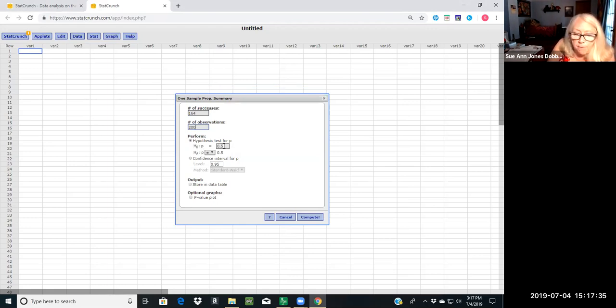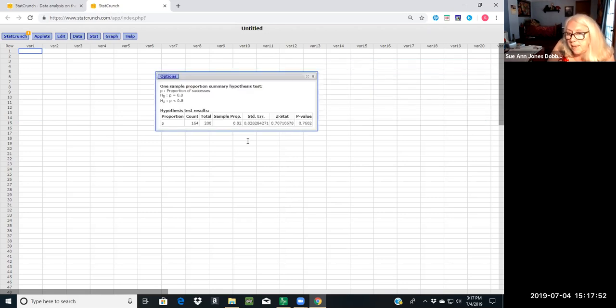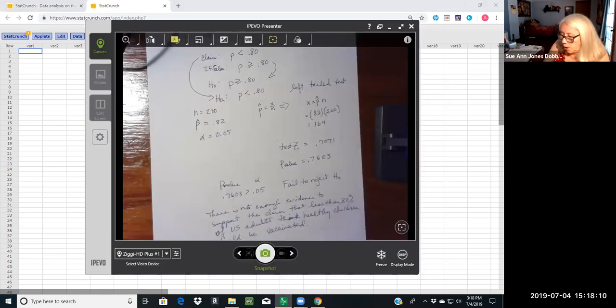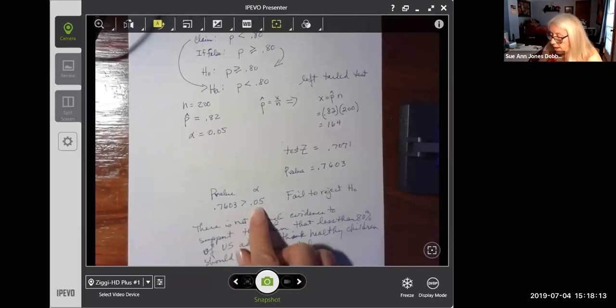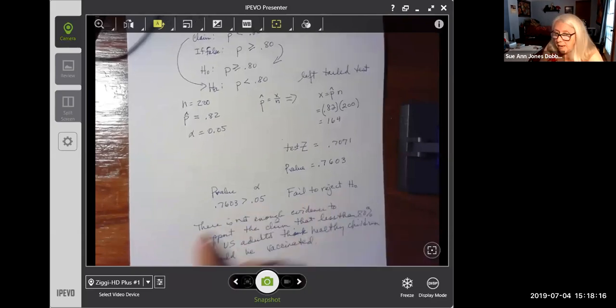Then my P from the null hypothesis is 0.80. And this has to be matched to the alternative direction, which is less than. And now I compute. And again, you see that that's the same p-value basically that I got doing it on the calculator. There's my z-test statistic. And again, all I have to do is make a comparison between the p-value and the alpha value, make my decision, and then I can write my conclusion.